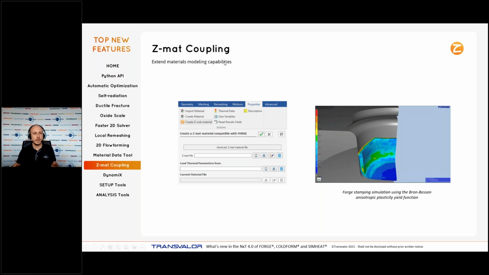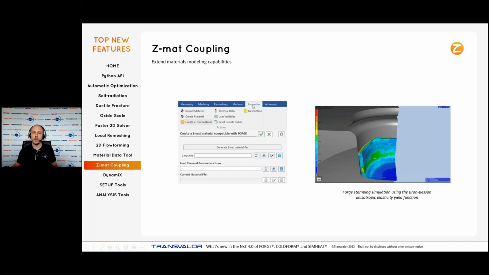Then we have extended the material modeling capabilities with this version of Forge, because now we can use the SIMHEAT library. The SIMHEAT library is a dynamic library that offers either basic or very sophisticated models of plasticity, viscoplasticity, and other coupled plasticity-viscoplasticity models.